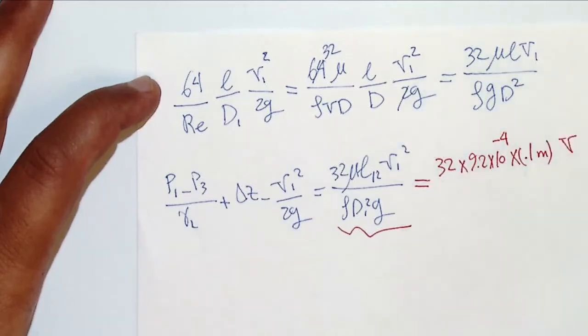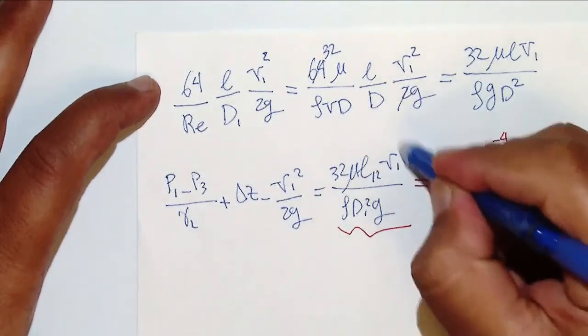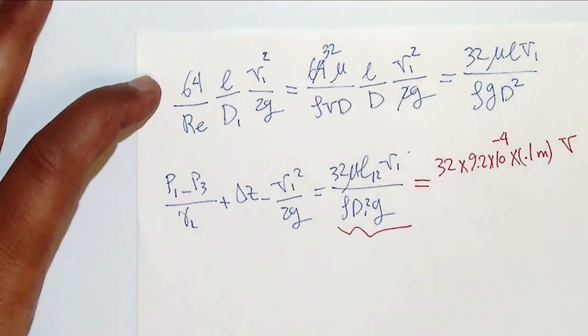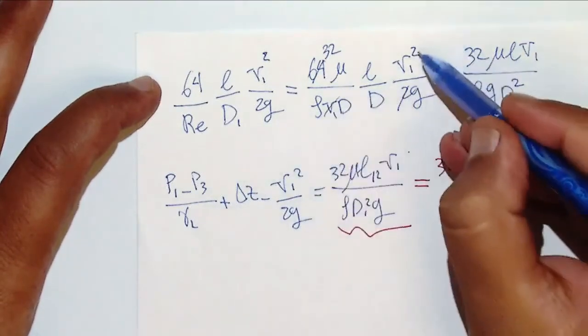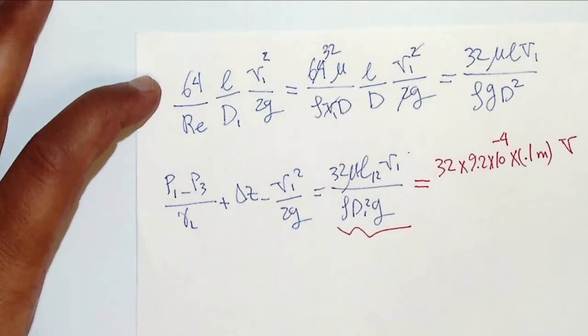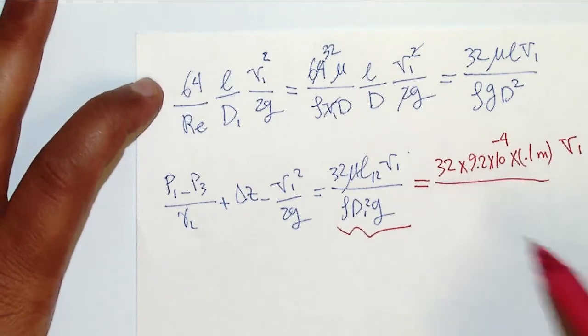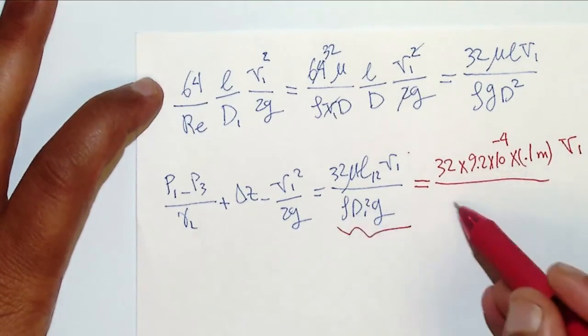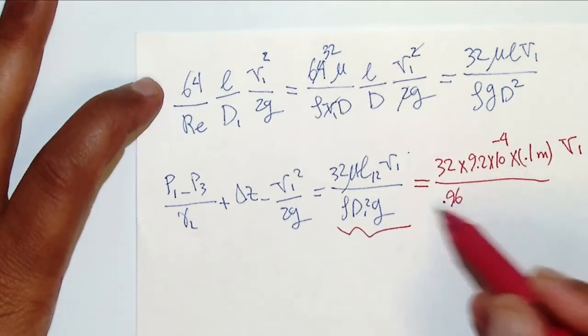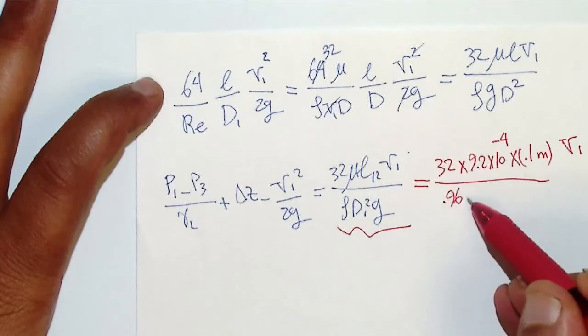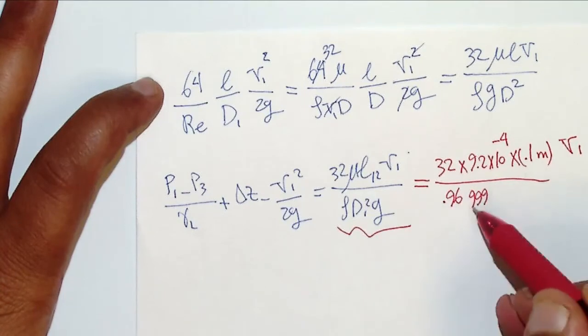This also doesn't have any square here because one of these V is going to be cancelled out by this, right? So it's going to be V1, and this V1 is unknown, and rho is the SG times the rho of water, which is 999.